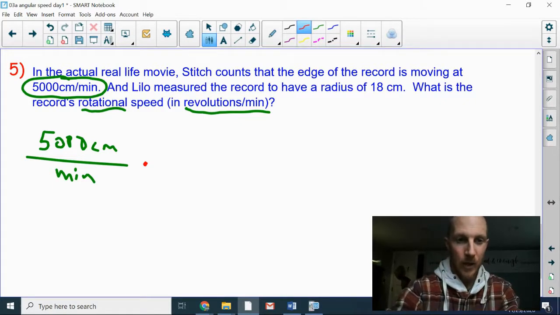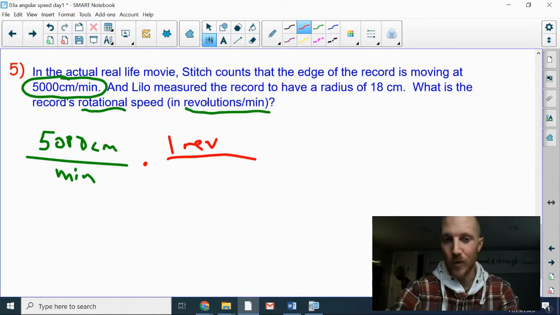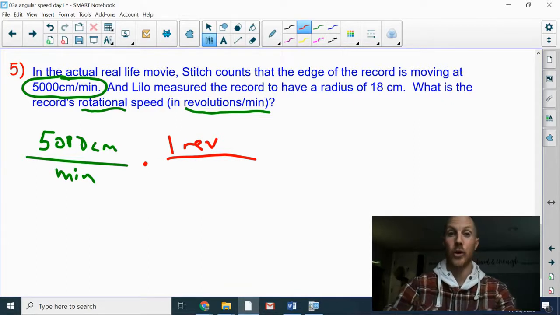And in my notes, it had the word revolution on the top or rotation. I can change those. I'm going to write down revolution because the question asks me to give my answer in revolutions per minute. Revolutions and rotations basically interchangeable for our purposes. Okay, so my conversion factor, the denominator of this red conversion factor needs to be the actual circumference.